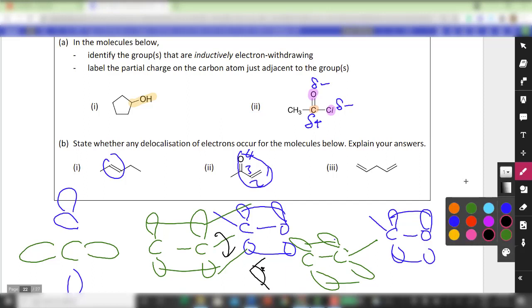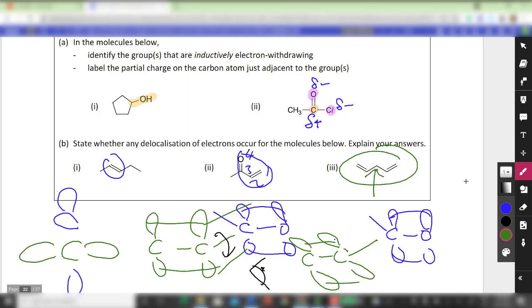And then for the case of this, there's no delocalization because there is a CH2 in between. For you to have delocalization, you need to ensure that there is no break in the conjugation, meaning that there is no break in the alternating double and single bonds. Once there is a break, I will not have delocalization.